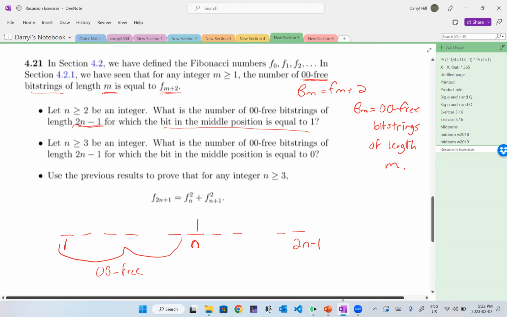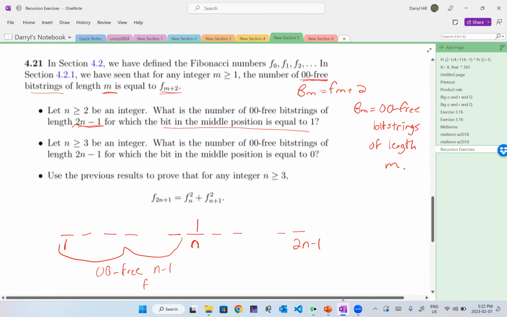So the number of 00-free bit strings of length n is, well, f of n plus, did I do that wrong? 2n minus 1. Sorry, this is length n minus 1.